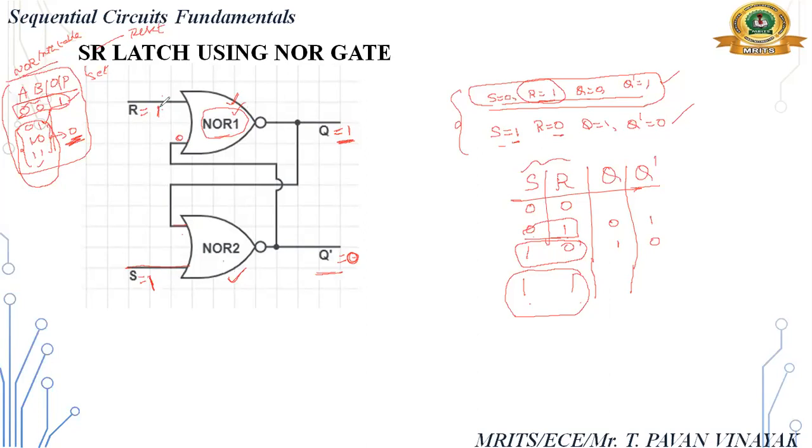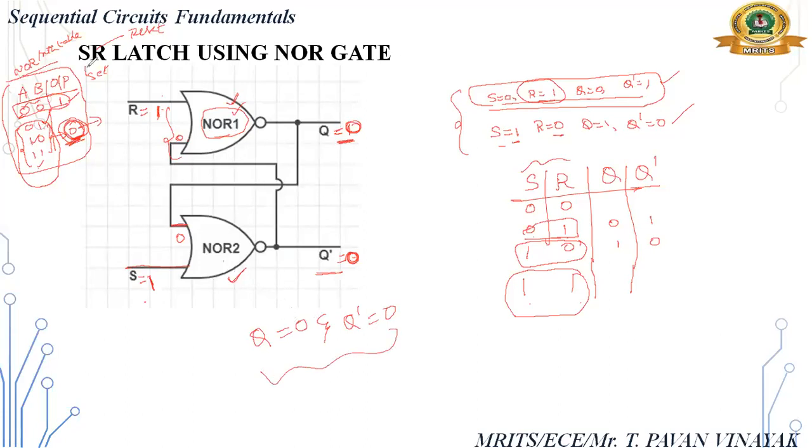So when R is 1, whatever inputs are available, output is what? 0, right? Output is 0 because one input is 1, which means output is always 0. So Q is 0, right? That Q comes to here. 0, 1 means output is 0. Is it possible Q is 0 and Q bar is 0?